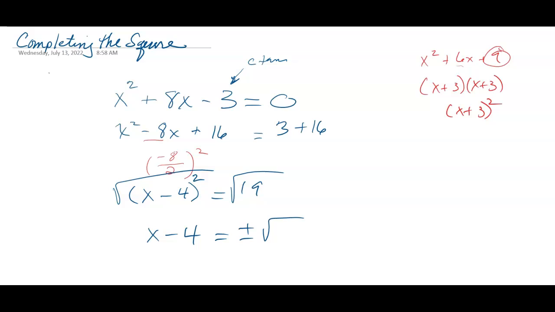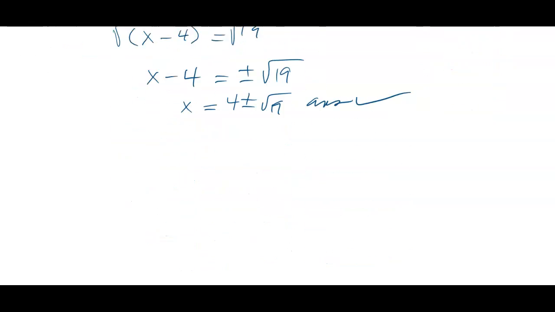In this case, it's plus and minus square root of 19, which gives me positive 4 plus minus square root of 19 as my answer. So that's just a quick review of the basics of completing the square.